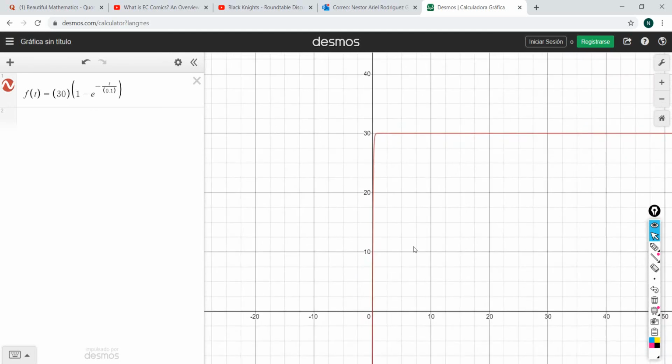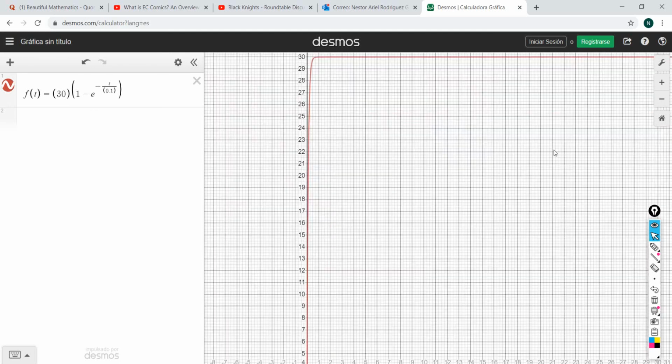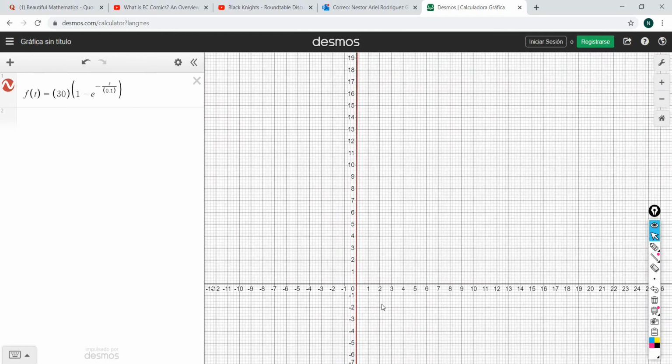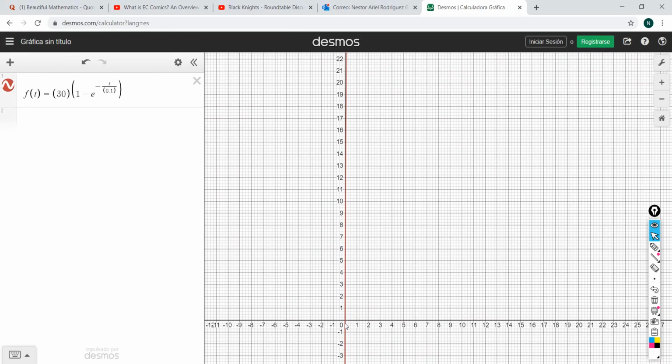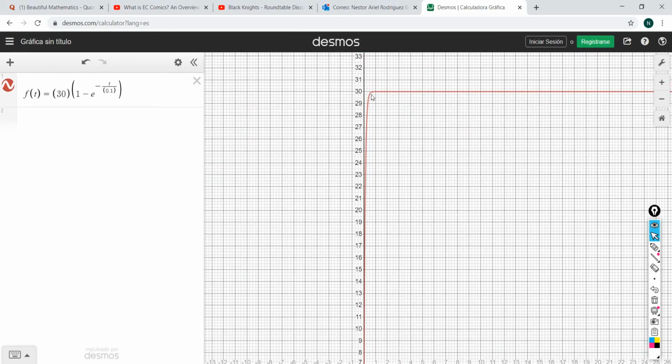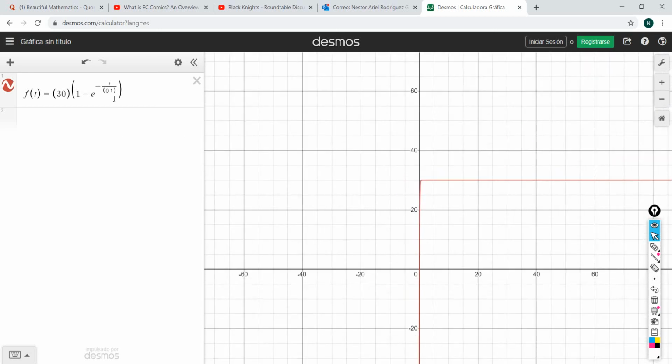Look at the behavior. It shoots upward very quickly, from 0 to this number, to 30, almost instantly, and then it keeps on like in this way. You see? So try to observe these things with care.